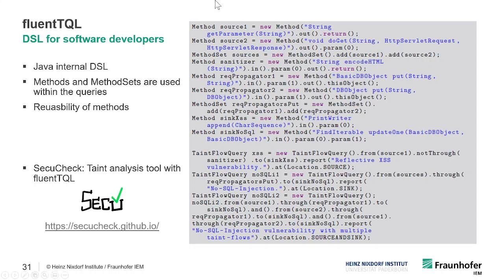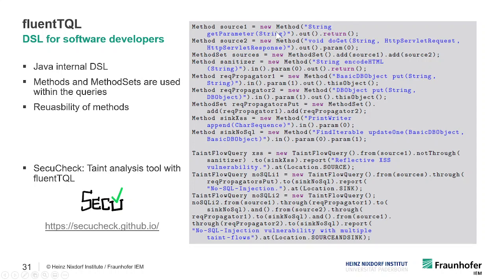The way it works, it's complete Java code. We have defined some classes that you can use, and we have a static part, which is this upper part, where we have specific definitions of methods, and these are the sources, sinks, sanitizers, and validators. You can define them, and you can read them in a fluent style.